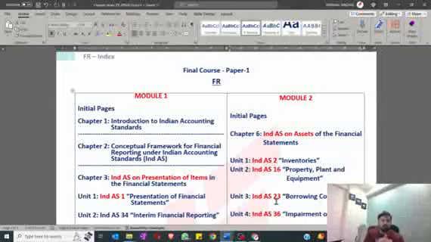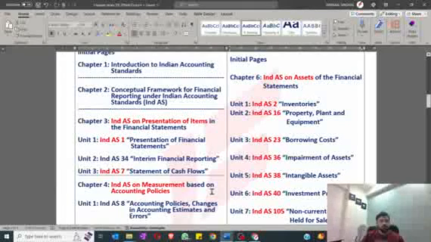Indian accounting standards, although are not applicable yet on banking entities, insurance entities and NBFCs, non-banking financial institutions in India, they haven't yet been made applicable by the government on these institutions. Other than those, entities which are either listed or have a big net worth of at least 250 crores are required to apply Indian accounting standards. So we'll be starting from chapter 3, unit 1, which is Ind-AS 1, presentation of financial statements.